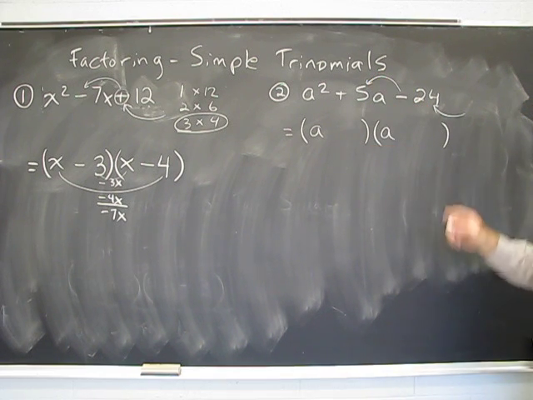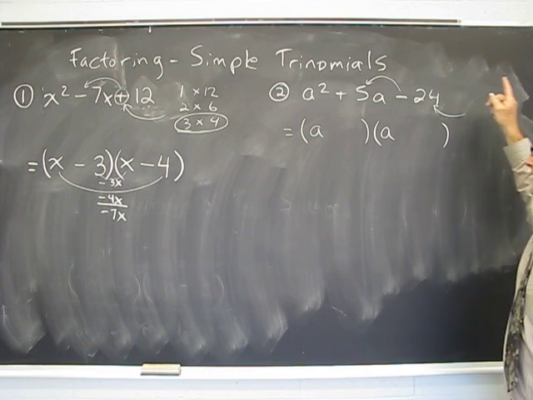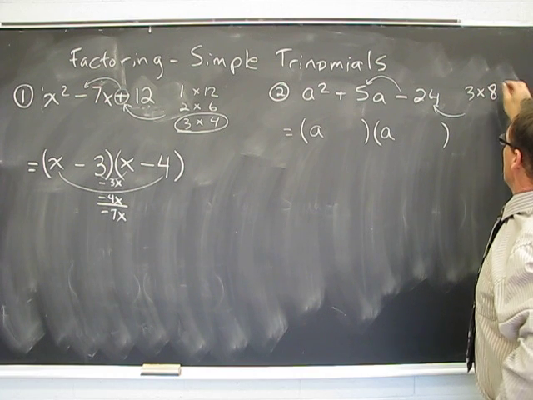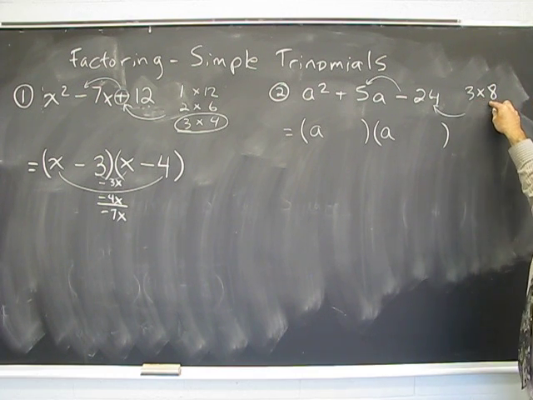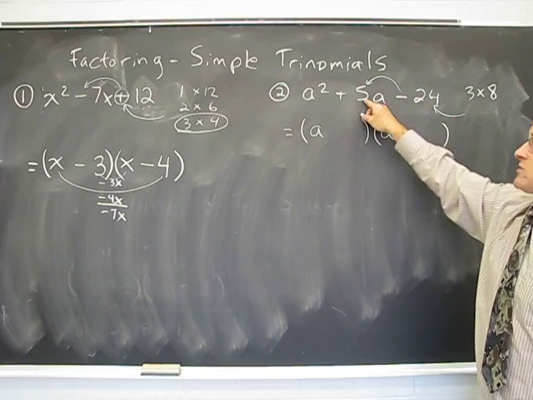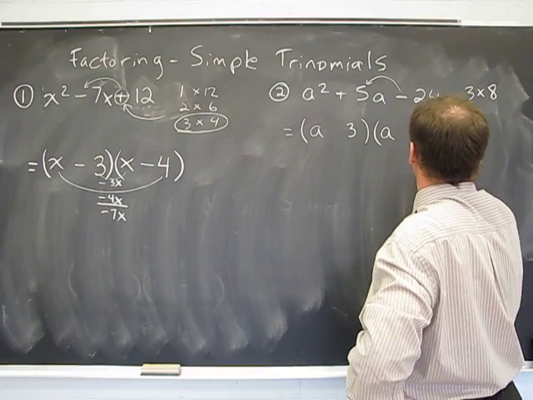Well, the factors of 24, 1 times 24, 2 times 12, 3 times 8. You see why it's important to remember your times tables. 3 times 8, these are the values that multiply to give 24, and the 3 and the 8 will subtract to give 5. So I'm going to put those numbers into my bracket.